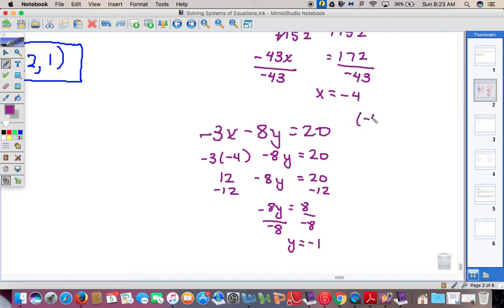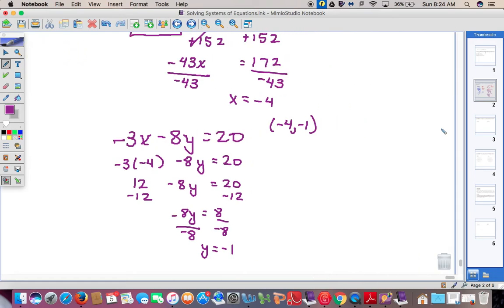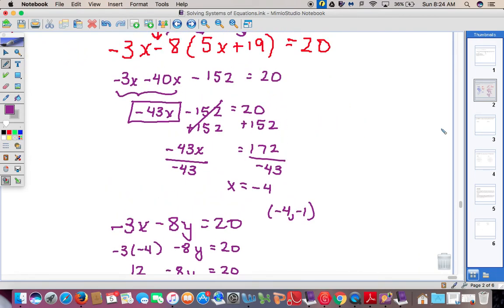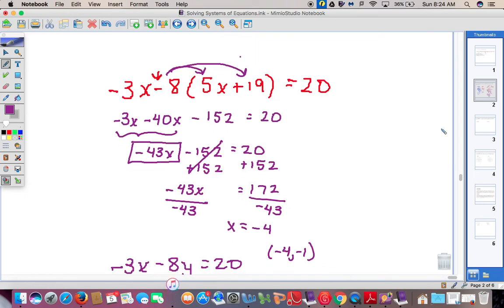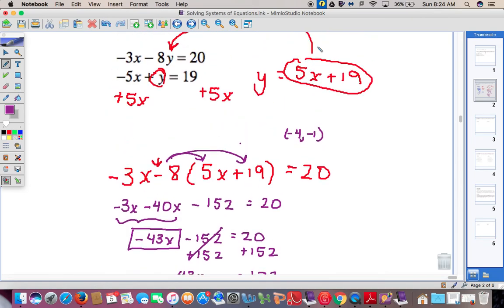So the ordered pair (negative 4, negative 1) would be my solution, but I just need to check and verify that it will work for both equations. Okay, so I'm going to verify that negative 4, negative 1 is a good solution. So let me write it up here so we can look at our two equations.